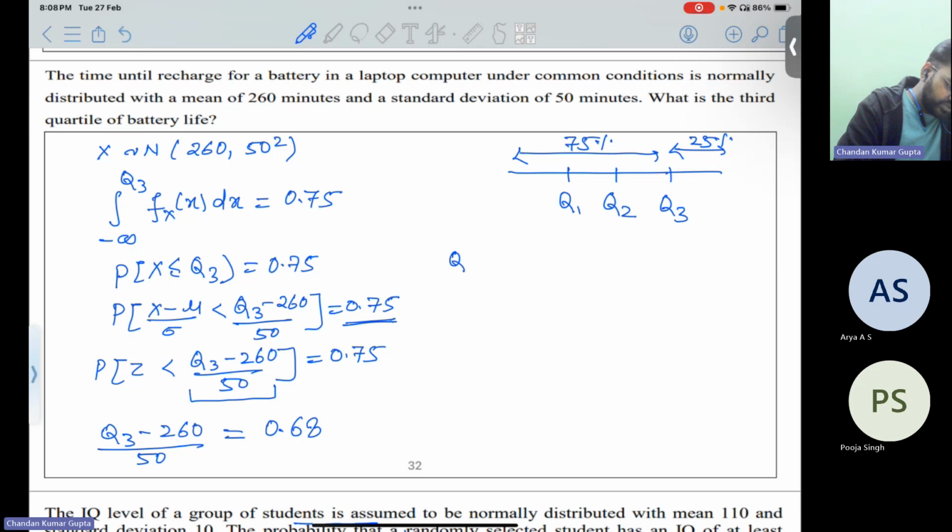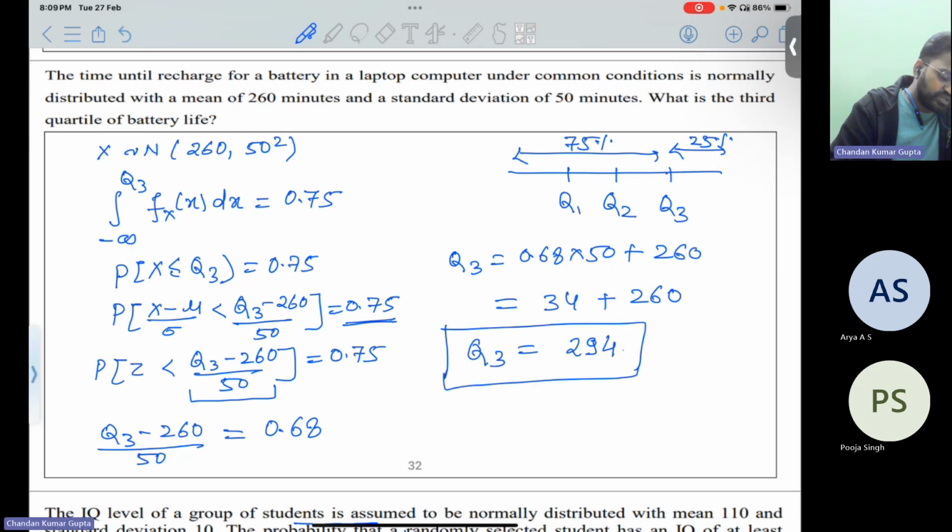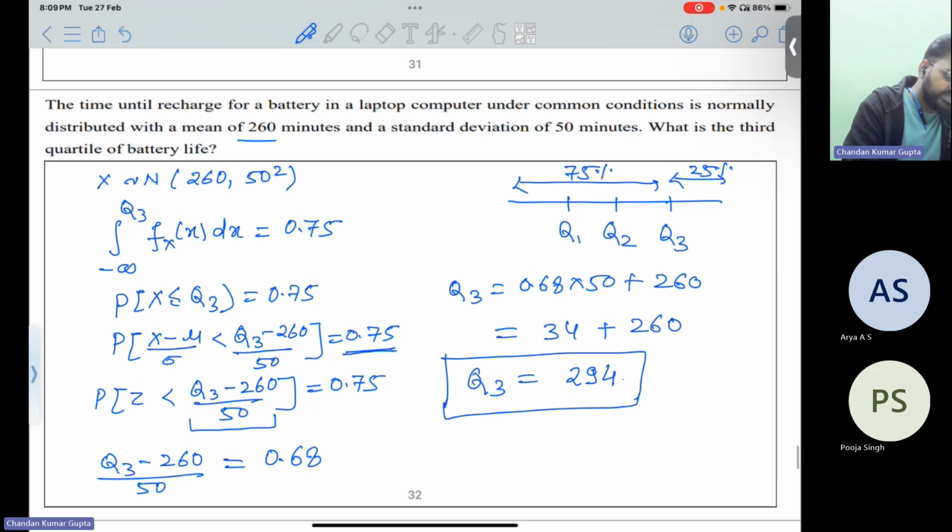So from here Q3 equals 0.68 times 50 plus 260, which is 34, not 340, it's 34 plus 260. So Q3 will be 294. So the third quartile for this is 294. Okay.